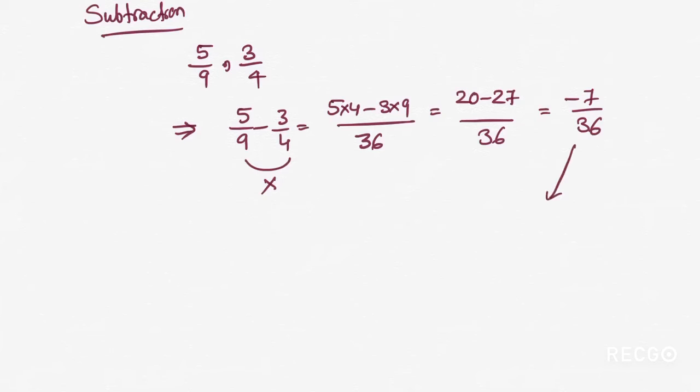Again we got a rational number. Therefore, the closure property is satisfied in subtraction of rational numbers.